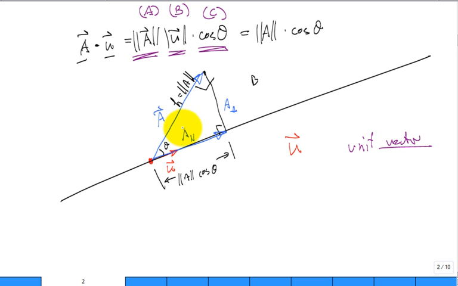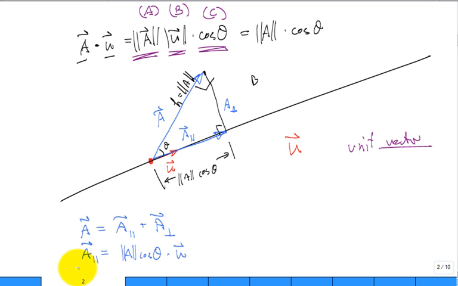So if I said, give me the parallel and the perpendicular components, well, this is going to be the magnitude of A times the cosine of theta times U. Isn't that what A parallel is?